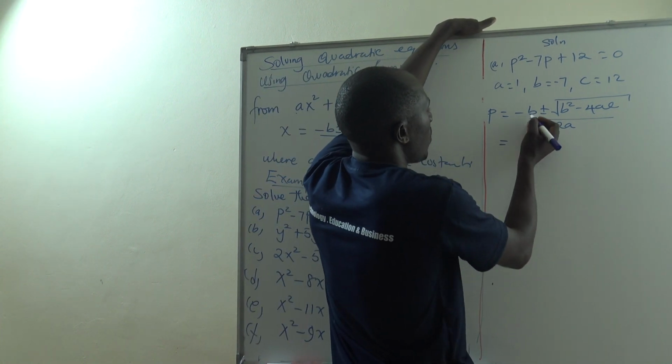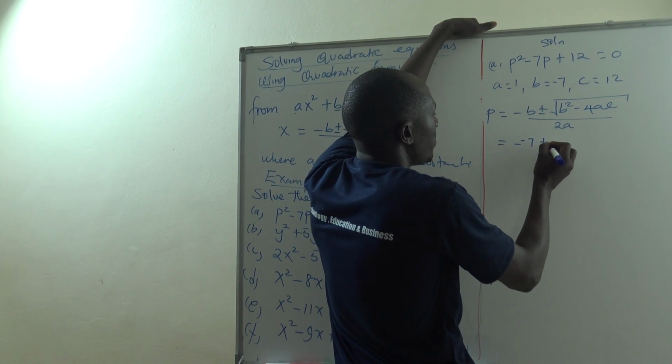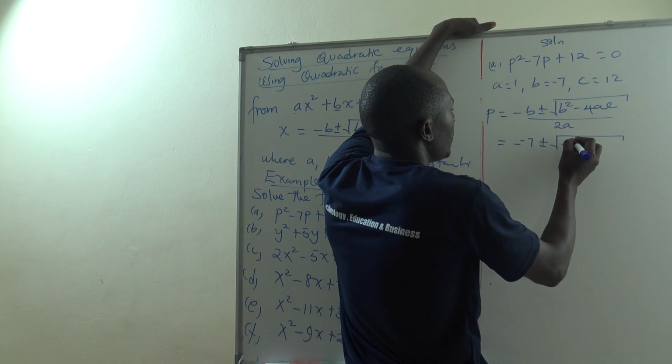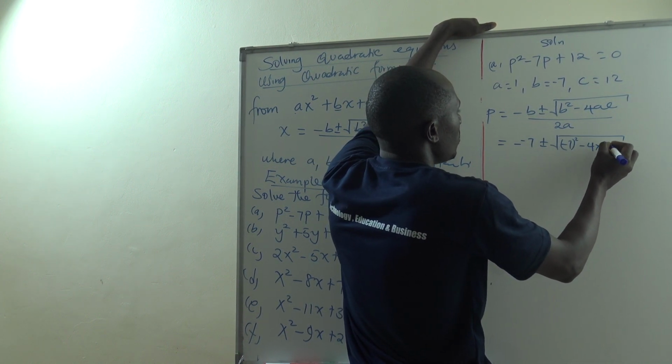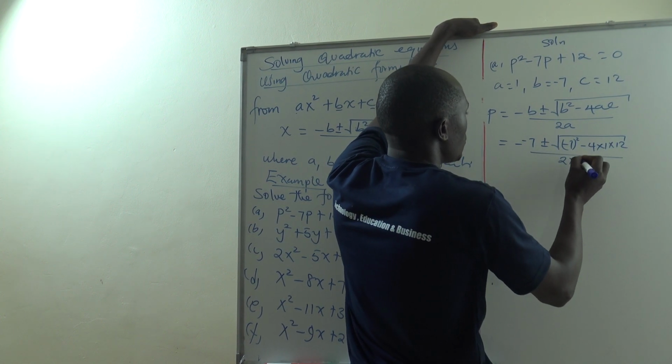So this implies our b is already negative 7, becomes minus negative 7 plus or minus root of, what is our b? Negative 7, the whole of it squared, minus 4 times a, which is 1, times c, which is 12, all over 2 times 1.